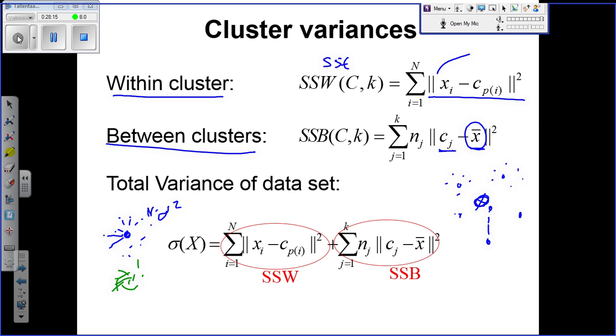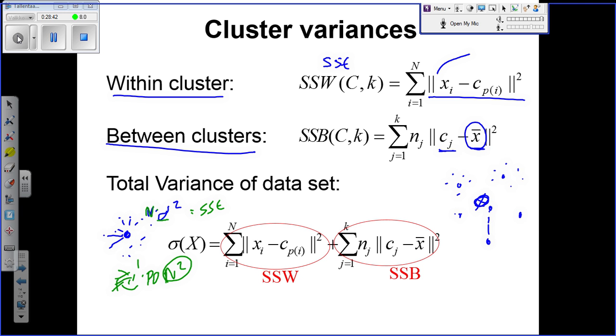Now here I have n calculations to get it, and then if I multiply I get the sum of squared errors. If I take all pairwise distances, I will have n power 2 different ones. If I sum up all of those, I have this many pairs to sum up.